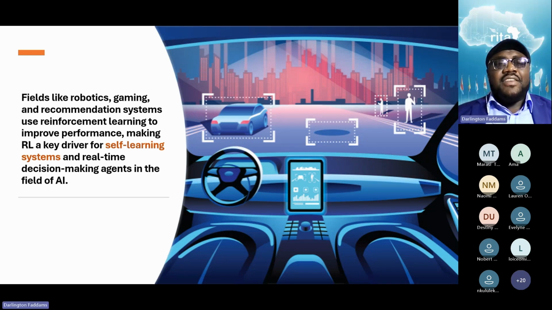In fields like robotics, gaming, and recommendation systems, we use reinforcement learning to improve performance, making reinforcement learning a key driver in self-learning systems. This is a type of machine learning where the agent or the model learns through action, and it gets feedback immediately.